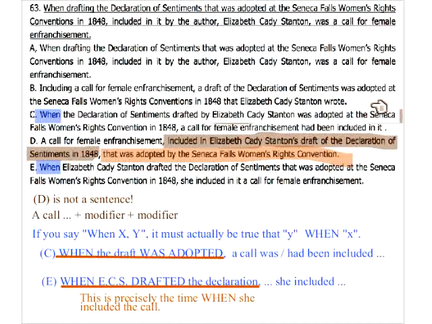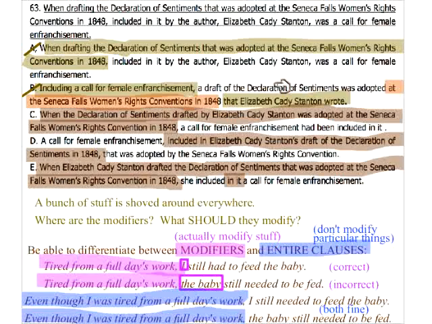Had been included is also an issue because past perfect is not appropriate here. You can Google past perfect, or look at our lessons about that, but we don't want this to devolve into a discussion of verb tense. So the main deal here is that this is a lie, and this is the truth. The main point again is that modifiers have to actually modify things that make sense.